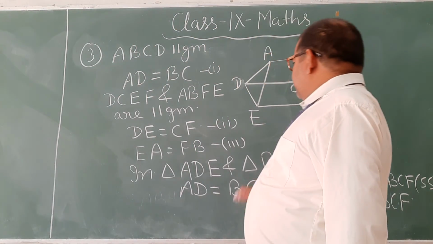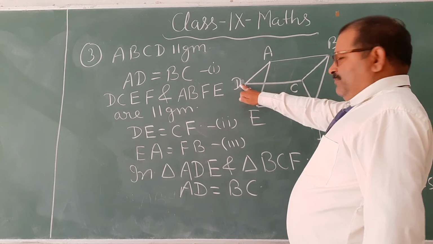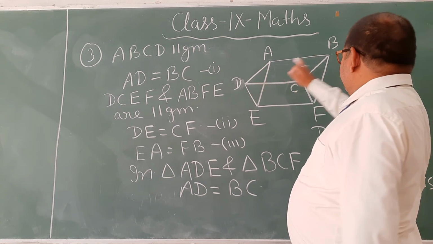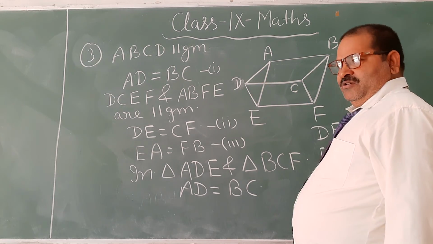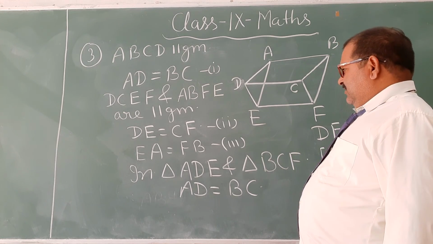In this question, ABCD is a parallelogram, so AD equal to BC because opposite sides are parallel and equal.